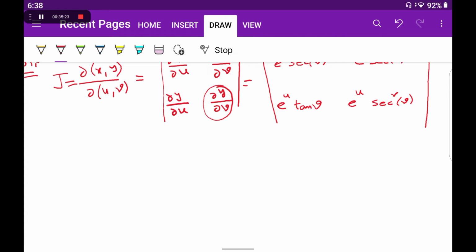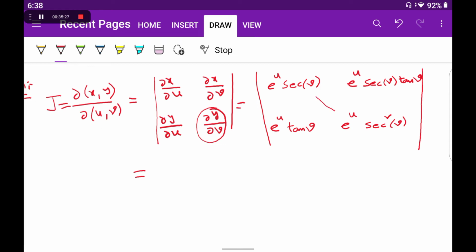Therefore, we take the determinant: e power u secant v into e power u secant square v, minus e power u tan v into e power u secant v tan v.